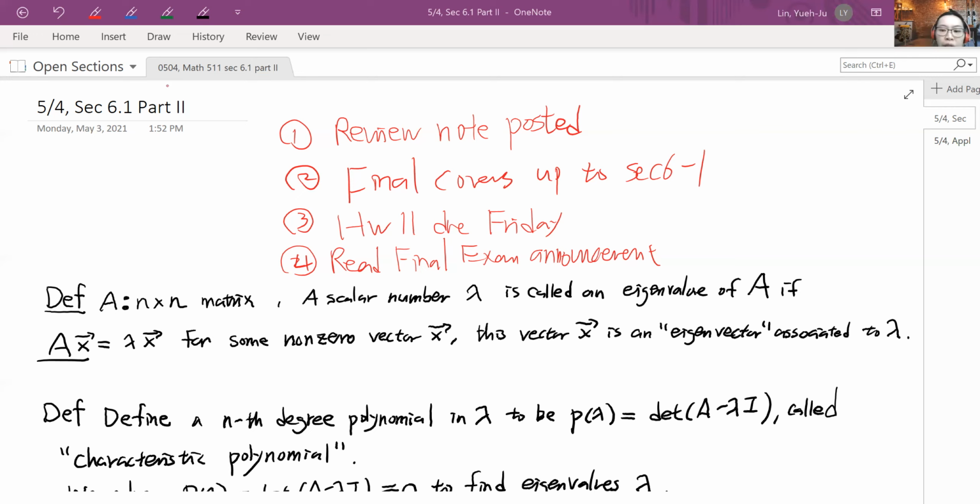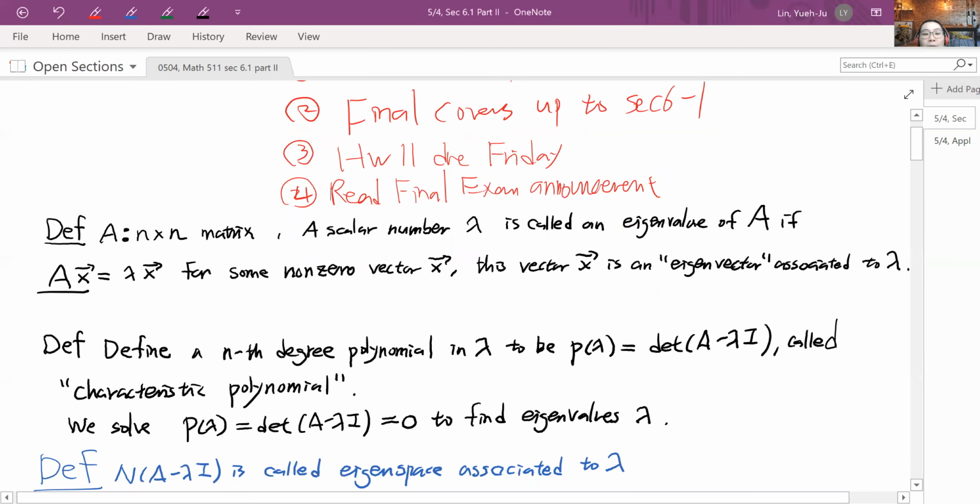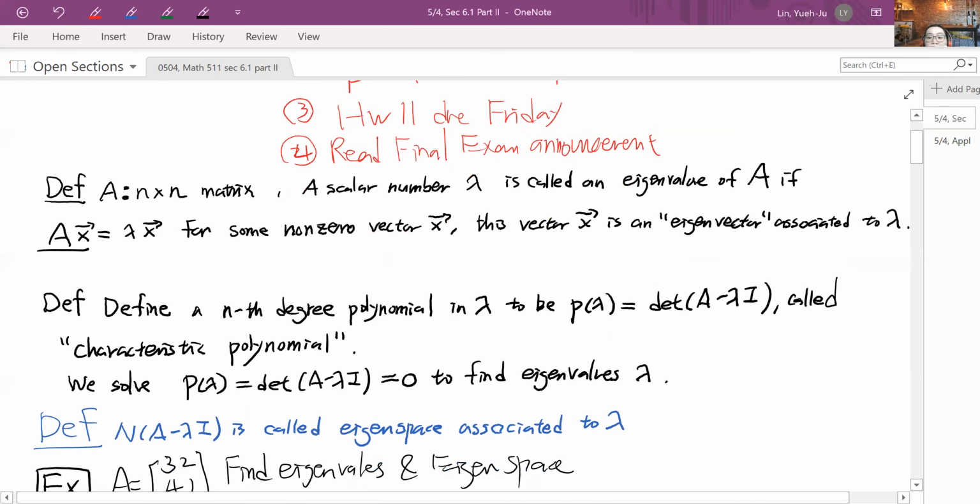So I'm going to quickly go over the definition for eigenvalue and eigenvector. Later on we're going to take the determinant of the matrix, so we only consider square matrices in this case. For the eigenvalue we always use lambda; this is the convention mathematicians use.